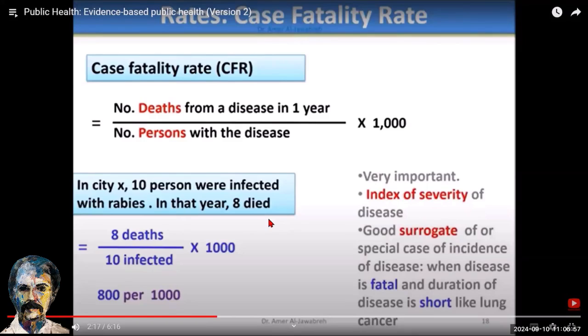If it's very high, it tells you that the disease is very severe and dangerous. It is a good alternative, or special case, of the incidence rate, or better, of the mortality rate, because incidence is a measure of morbidity and this is a measure of mortality, when the disease is fatal and kills in a short period of time. Examples among NCDs are pancreatic cancer or lung cancer. Pancreatic cancer, several months, and you pass away.